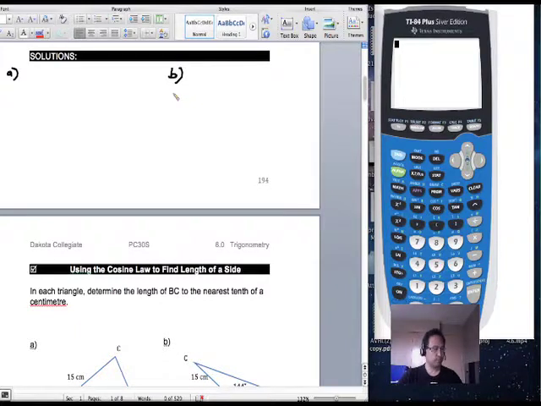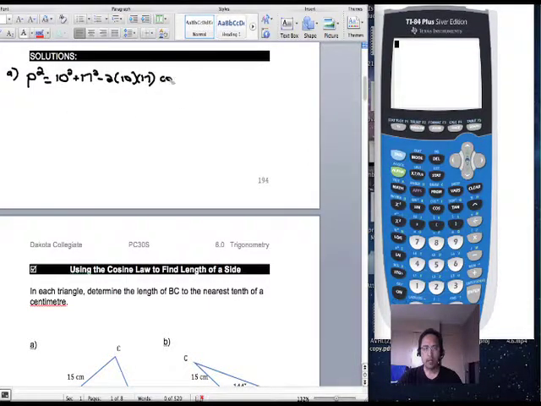Okay, so the calculations for this one could look like, let's just say p squared is going to be equal to, let's square the other two sides, 10 squared plus 17 squared minus 2 times 10 times 17. You know what, I'll just move this out of the way for now, and we'll replace it later.